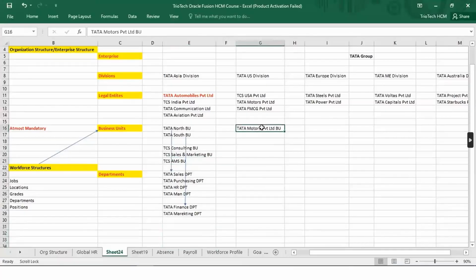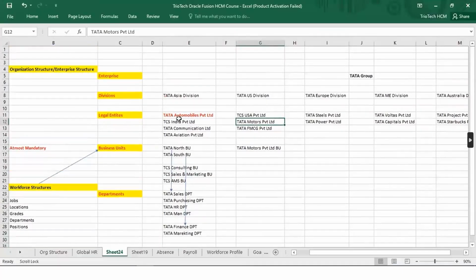Then similarly, if you come here team, in Tata Motors Private Limited in US legal entity, I have a business unit called Tata Motors BU. Then I have the departments here like Tata Sales Department here also. Then Tata Purchasing Department. Okay.